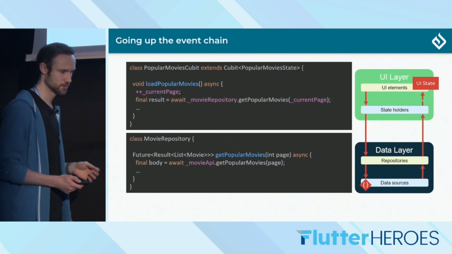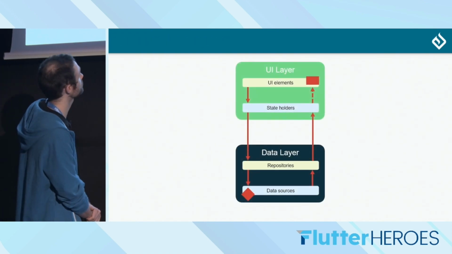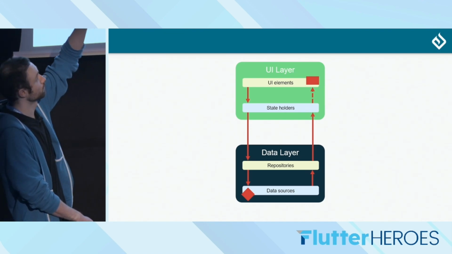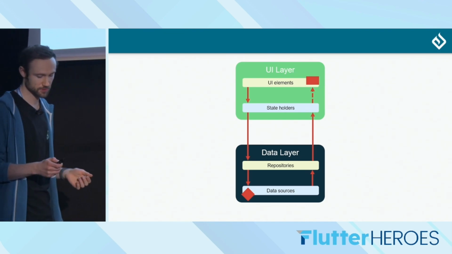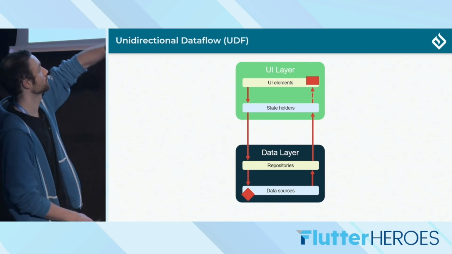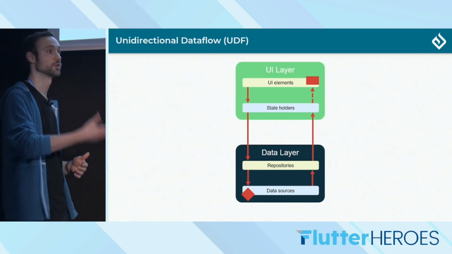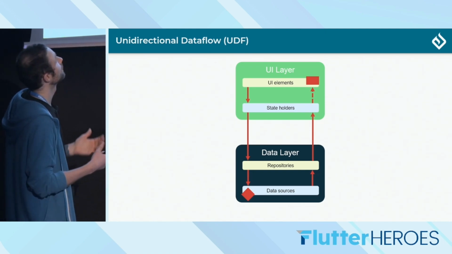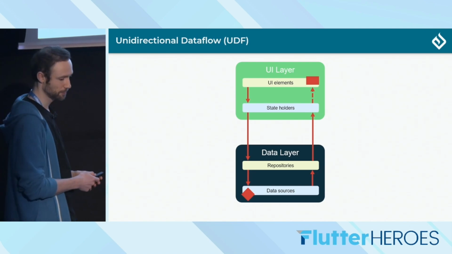That's also a good keyword here, because if we now have a detailed look on how this all is flowing, we can see our data is flowing in one direction and the events are flowing in the other direction. And this is actually called the unidirectional data flow. So we have one circle in one direction, and the data and the events are following this circle, like data from data sources to UI elements, and the events from the UI elements then back to the data sources.